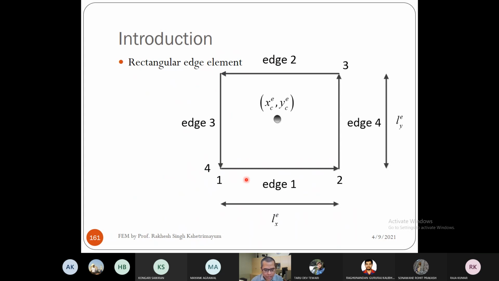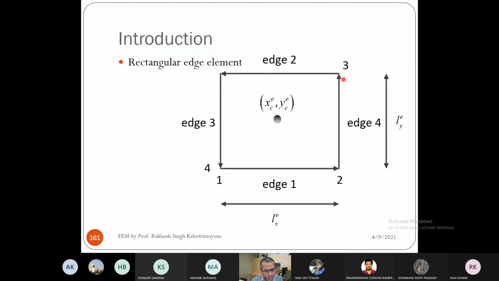How many edges does it have? This is edge 1, this is edge 2. The location of the center of this rectangular element is xc and yc, C for center. So the coordinates are known, the edges are known, and the lengths Lx and Ly are known.